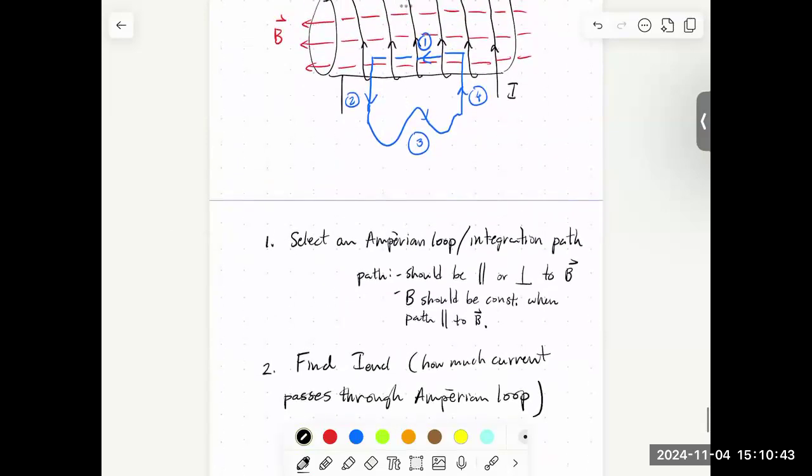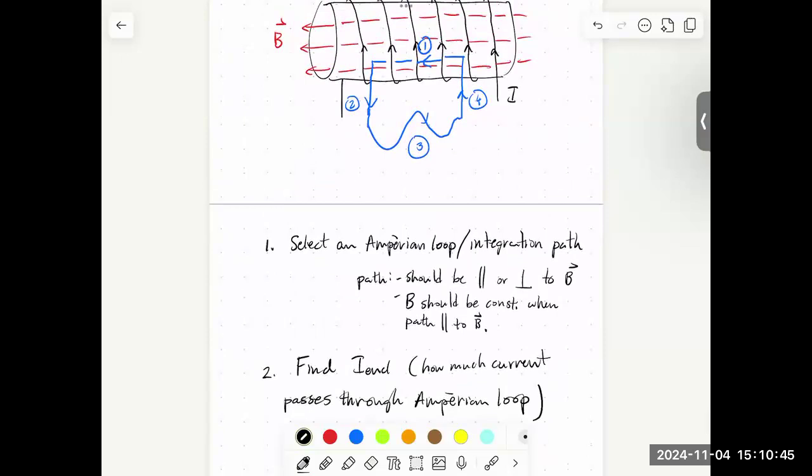Well, if I have current I in my coil, how much current goes through my blue loop? For exactly how I've drawn it. Yeah, that's right. So 3 of our coils go through the loop. So it's 3 times I.